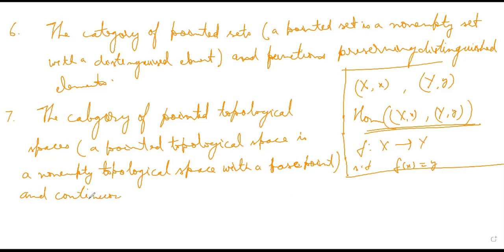So if X and Y are pointed topological spaces, and we consider Hom(X,Y) to be the set of all continuous functions f from X to Y such that f(x) equals y, that is, base points are preserved, then this will give a category.